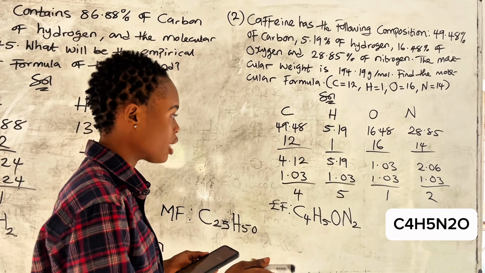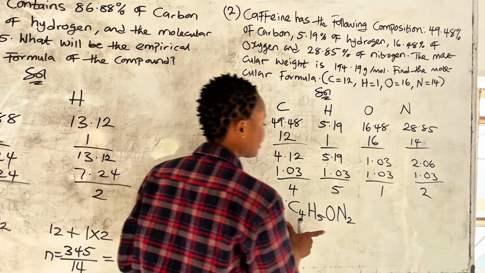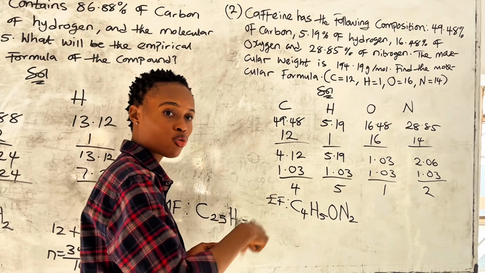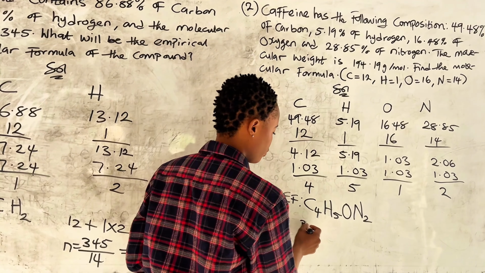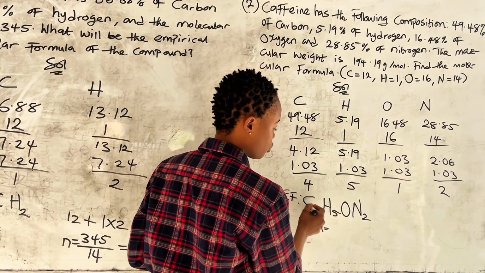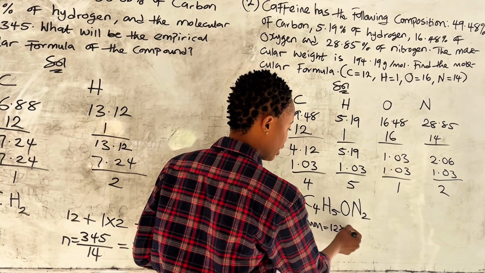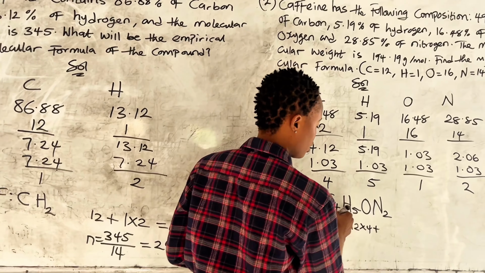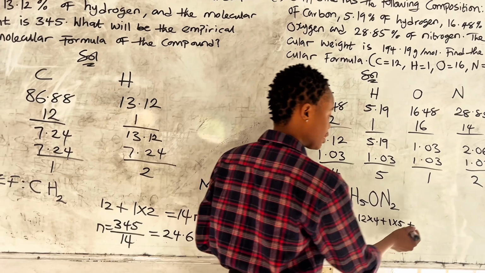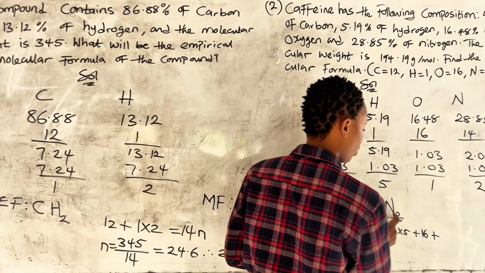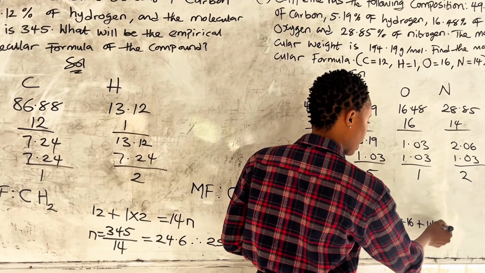Now to calculate molecular formula, as I said, we're going to be adding up the mass numbers of your empirical formula. So carbon is 12 to get the relative molecular mass. So carbon is 12, 12 times 4, there's 4 attached to it, plus hydrogen is 1 times 5, plus oxygen is 16, there's nothing attached to it, plus nitrogen is 14 times 2.